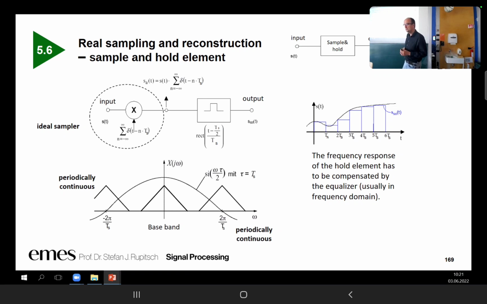So it seems to be very simple, and indeed it's very simple, but we have here a certain problem. What's the problem? We are affecting our original spectrum with this sinc function.